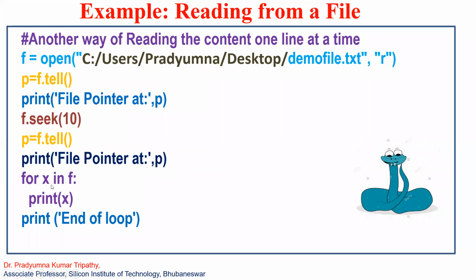If I write for x in f, what is f? f is the file handler, the content of the file. So x iterates over every character of f, and it will print that character, right? And print the end of loop.